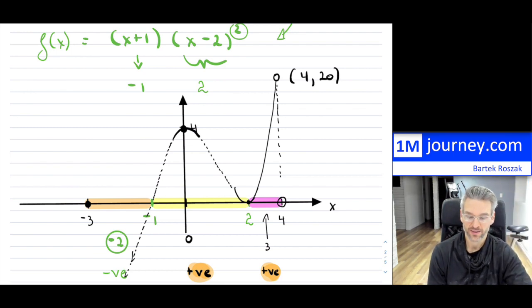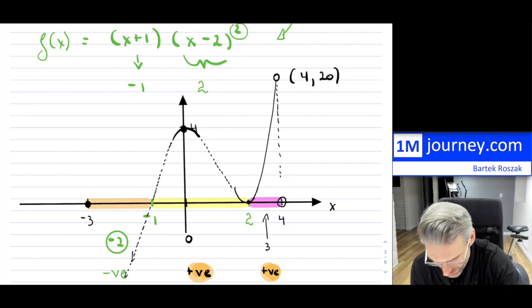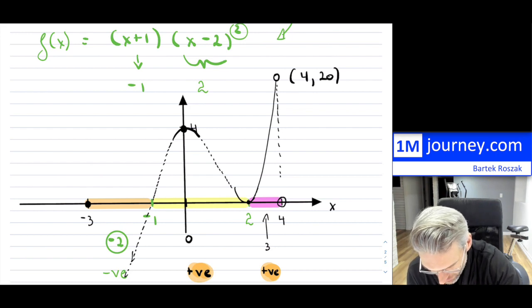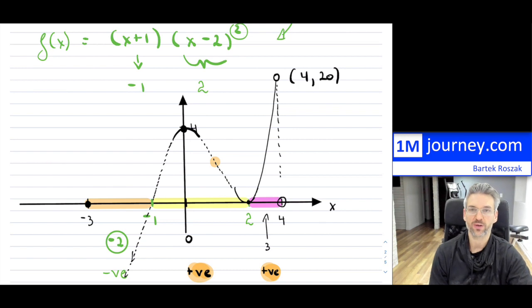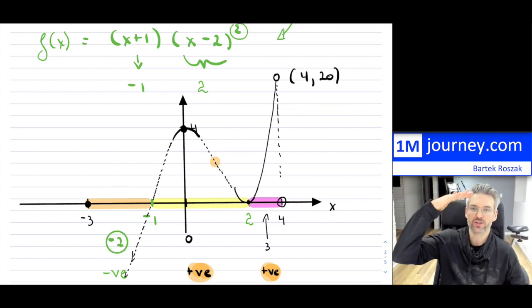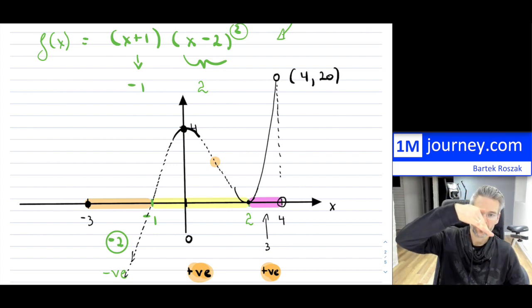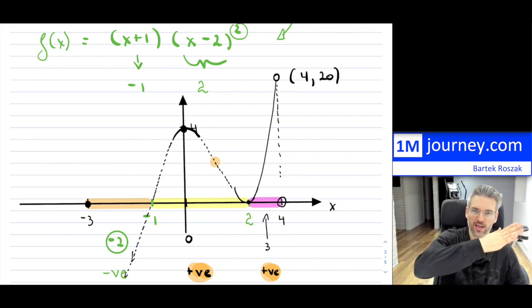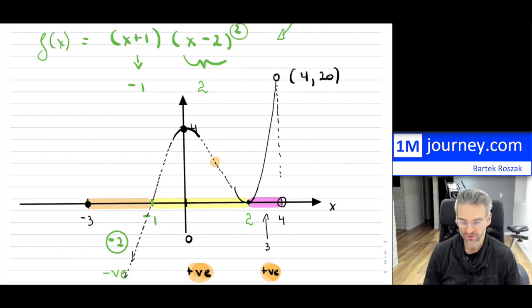Now, the one thing I guess we're missing: somewhere in between here, somewhere over here, it looks like we have an inflection point, where it changes, because the derivative goes in this direction and then goes that direction. So it looks like it's concave down, and then it turns to concave up. And that, you may recall, is the inflection points.